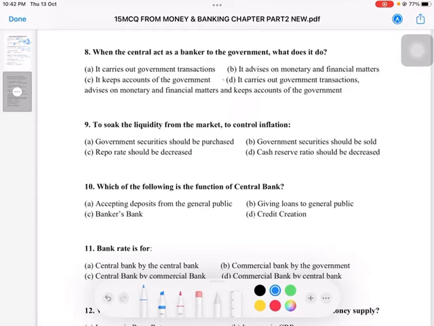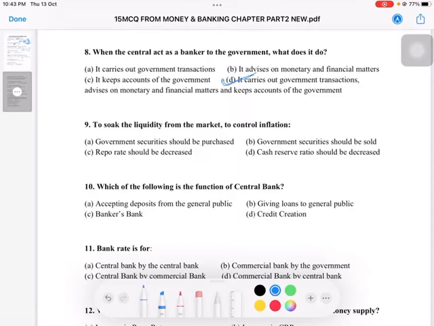Question number 9. To soak the liquidity from the market to control inflation, options are government securities should be purchased, government securities should be sold, repo rate should be decreased, cash reserve ratio should be decreased.